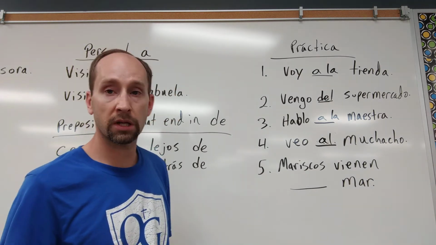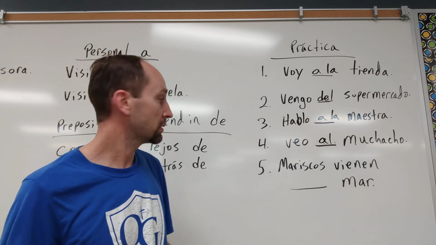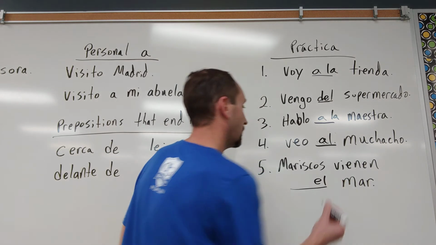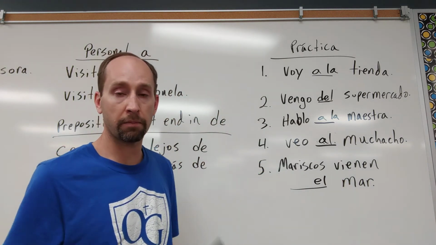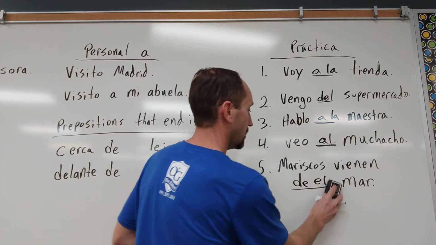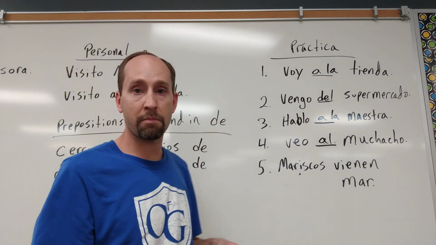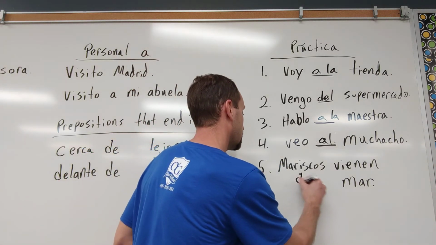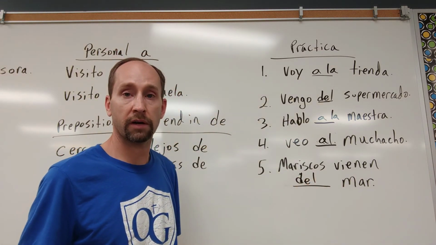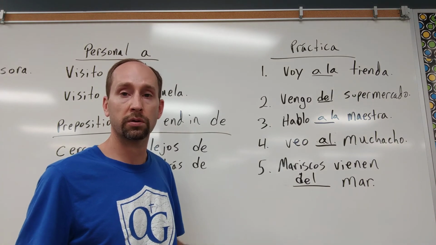So seafood comes from the sea. So it's el mar. And I want to say seafood comes from, so that's going to be de. And de and el together, I must make the contraction del. And that would be some examples of how we'd use the contractions al or del.